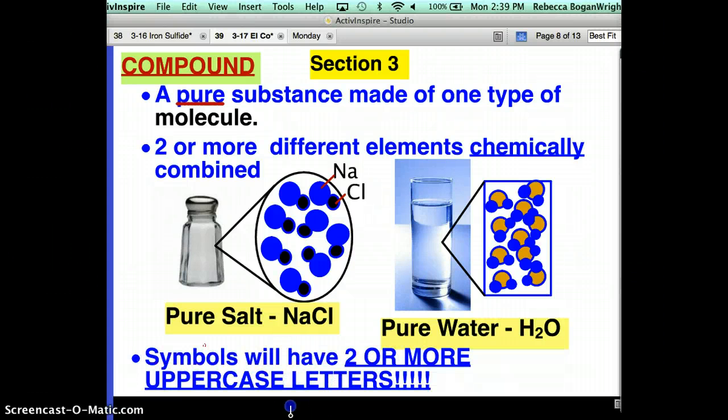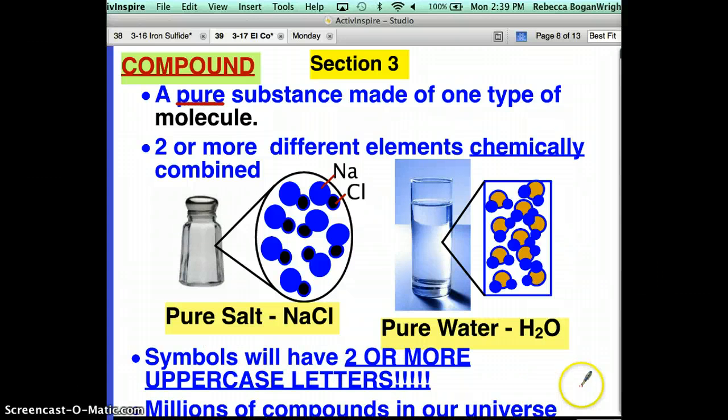You also need to know about compounds, as you're comparing the symbols, the symbol for a compound will have two or more uppercase letters. That's how you can tell the difference between an element and a compound just by looking at the symbols. You'll notice that the symbol for salt is NaCl, two capital letters. And the same thing happens with water.